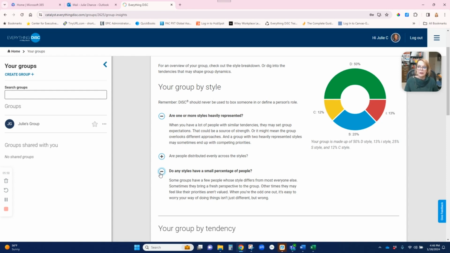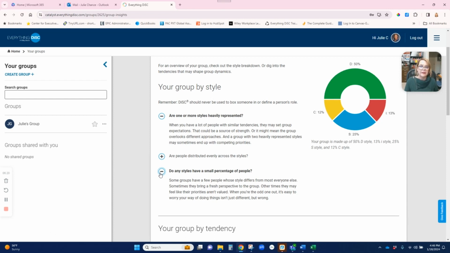You might want to talk about, so how do people who are in the group with the most people, how do they respond and interact with people from other styles? How do they value strengths? Do they value strengths? And if so, how do they go about utilizing and capitalizing on those strengths?